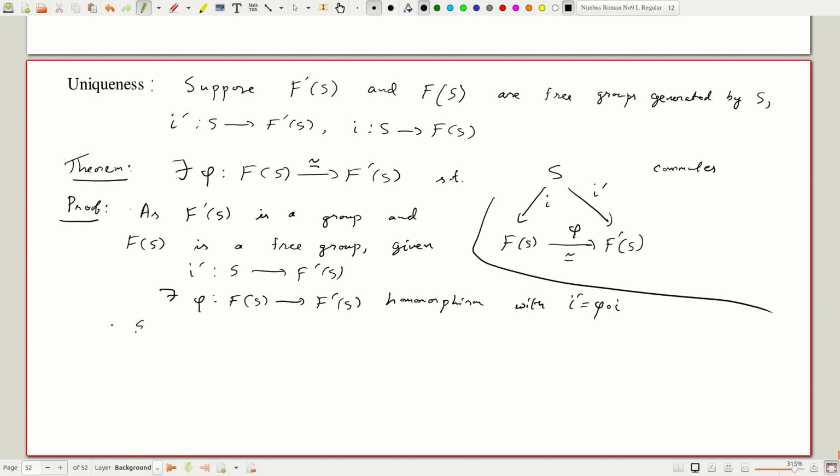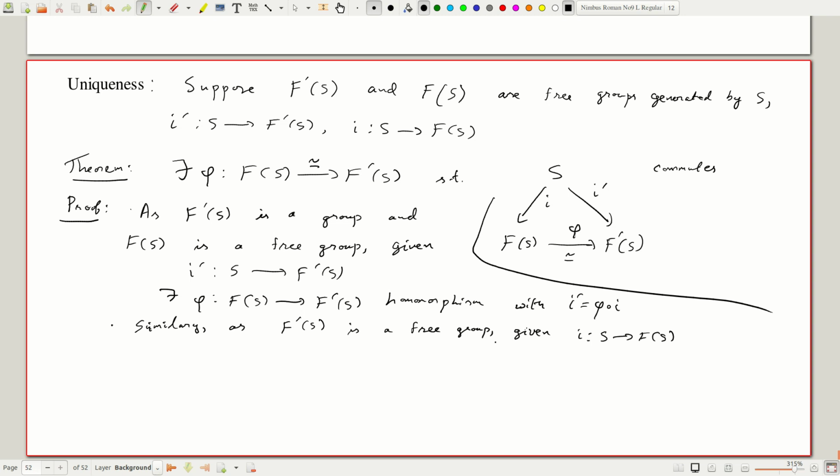Okay, so similarly, as F prime of S is a free group, and this time we are given the map I, which maps S to F of S. So this is just a function.